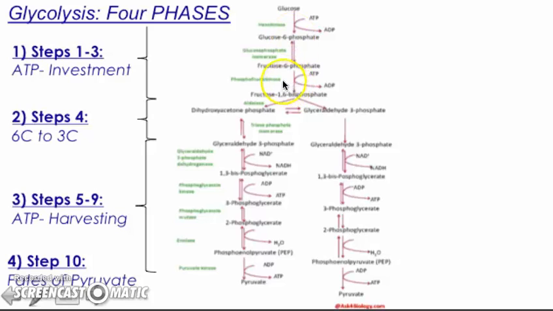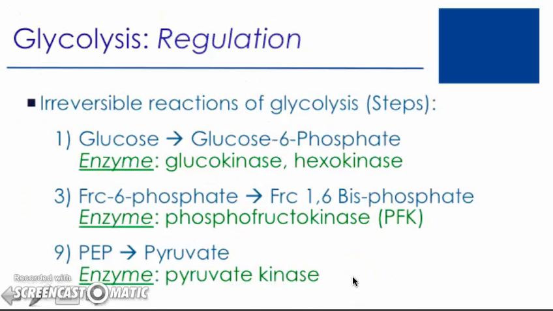Step 3, which is fructose 6-phosphate to fructose 1,6-bisphosphate. And step 9, which is phosphoenolpyruvate to pyruvate. Also here, you can review the irreversible reactions of glycolysis, the reactants, the products, and their enzymes.